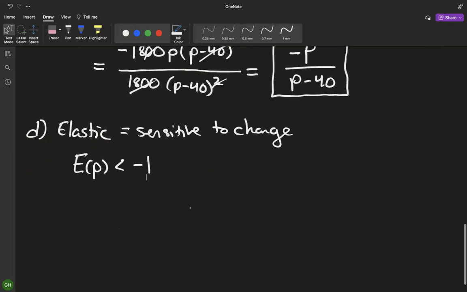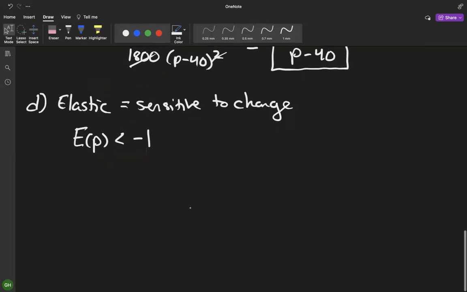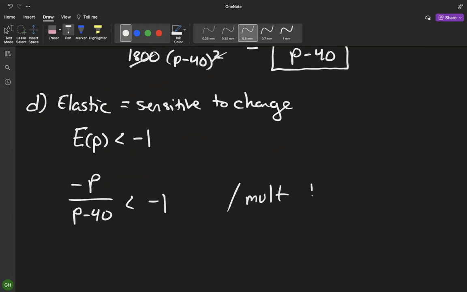So all I have to do for this is set my elasticity less than negative 1. Negative P over P minus 40 is less than negative 1. So I'm going to multiply by negative 1 to get rid of the negatives. This means I have to swap the direction.